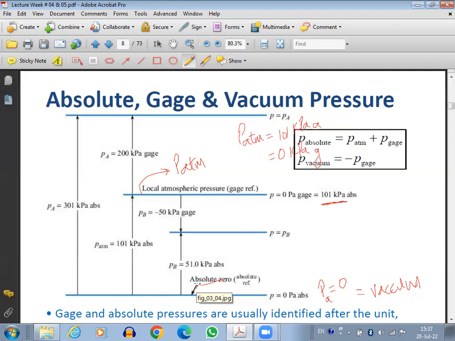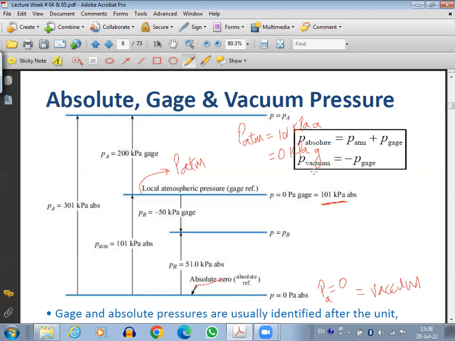But when I'm saying 0, I'm taking atmospheric pressure as the reference. The reference point is considered as 0, right? So if I take atmospheric pressure as the reference, then atmospheric pressure is 0. So it is 0 gauge.